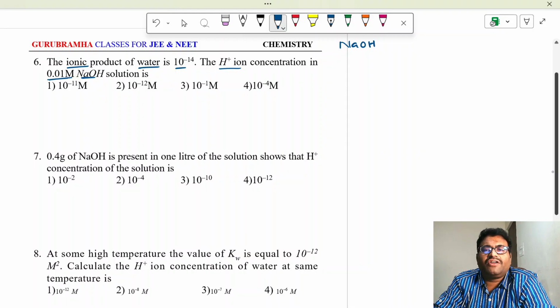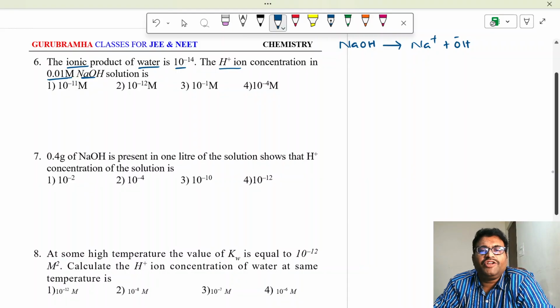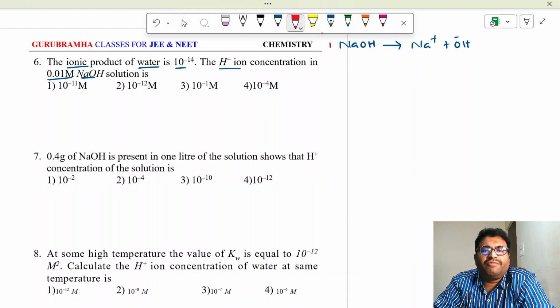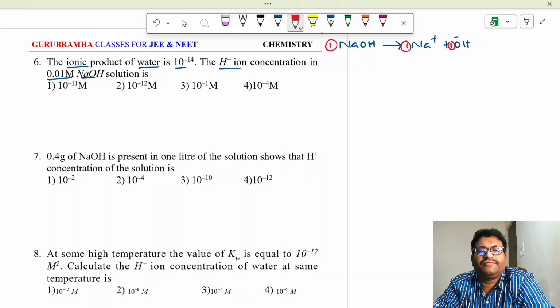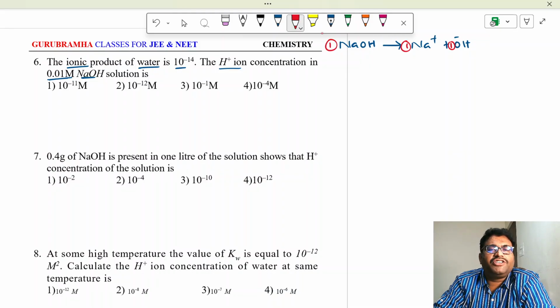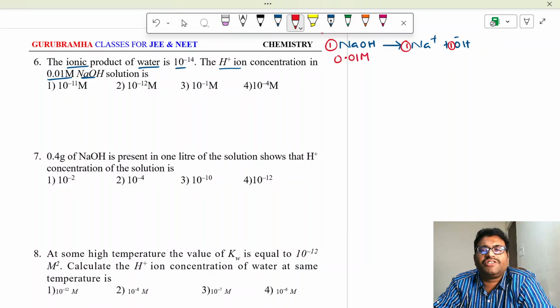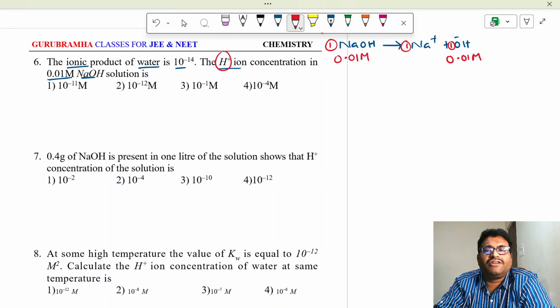When it is strong electrolyte, it completely dissociates into Na plus and OH minus. If one molecule of NaOH is dissociating, one molecule of Na plus and one molecule of OH minus is formed. If 0.01 m is dissociating, how much OH is produced? 0.01 m.